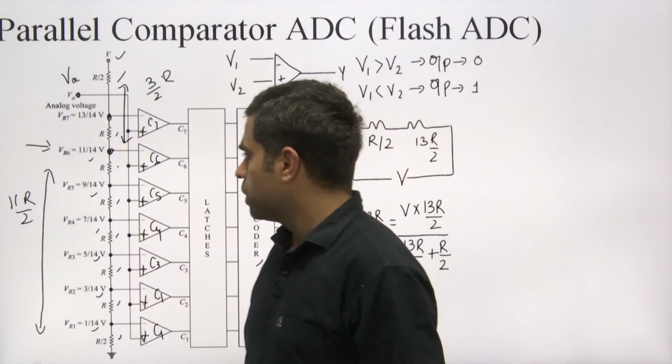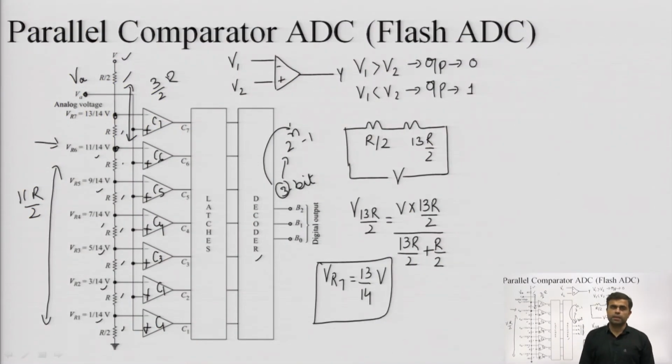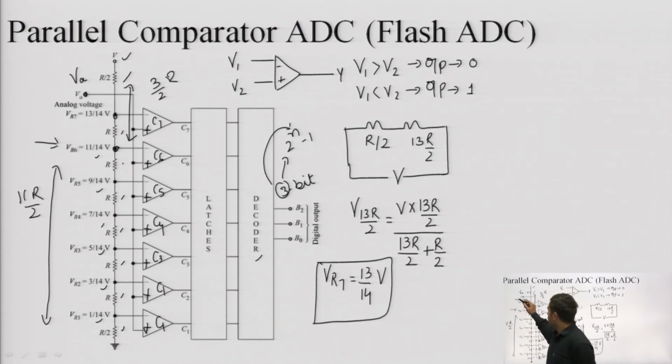So once all these voltages are calculated, then we can go for the comparator operation. As we can see, on the negative terminals of the comparators we have the different values, and on the positive terminals of the comparators we have a fixed value, that is the applied analog voltage.